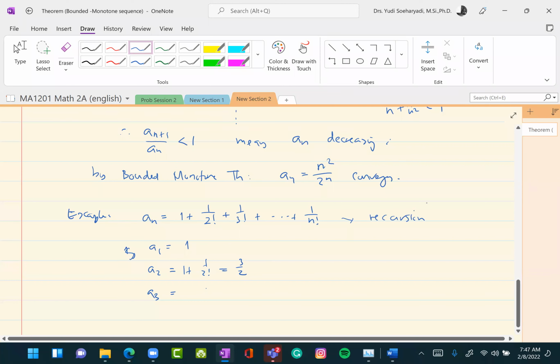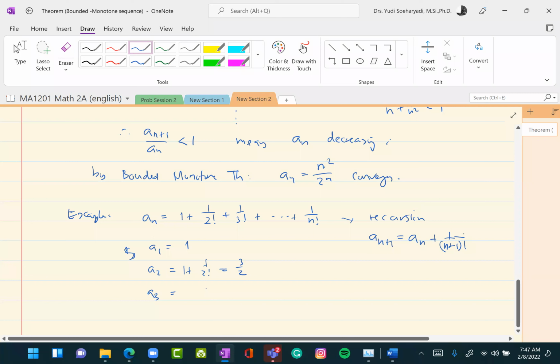Recursion meaning how you express the next term from this term. So you see that a n plus 1 is actually an, right? So just add this one.